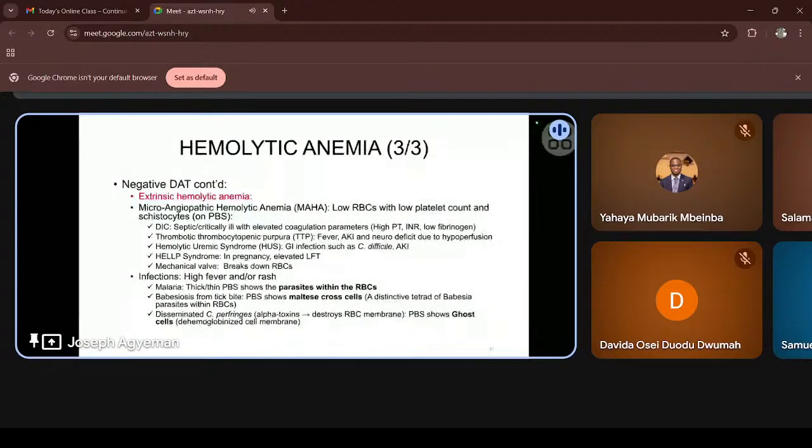It could be due to either infections or a combination of several pathologies together called the microangiopathic hemolytic anemias.